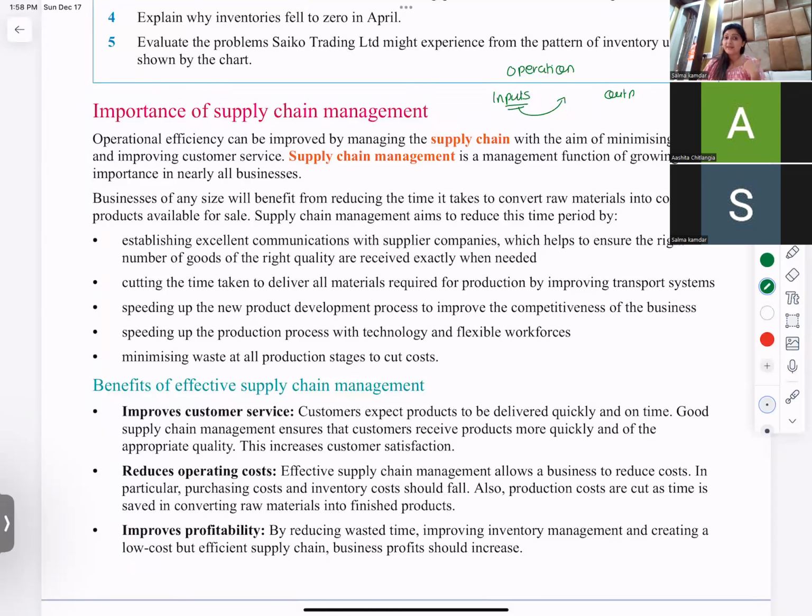So the supply chain manager is going to make his time efficient, and add value when he converts the raw materials and makes the product available for sale at the best possible cost, in the right quantity, at the right time. That means he has to order the raw material.